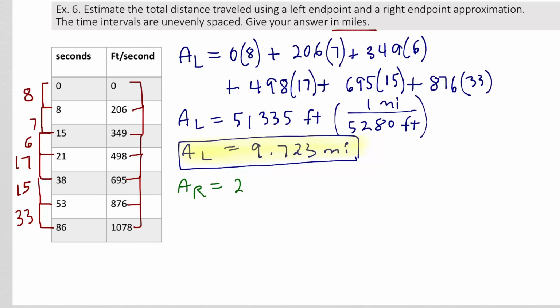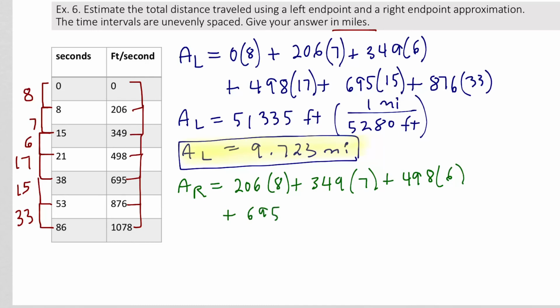So that's 206 times 8 plus, and I keep going using the right endpoint this time, 498 times 6 plus 695 times 17 plus 876 times 15. And this time I have to use my last number. That's my right endpoint of my rightmost subinterval times 33.